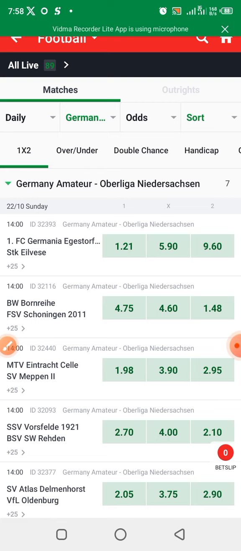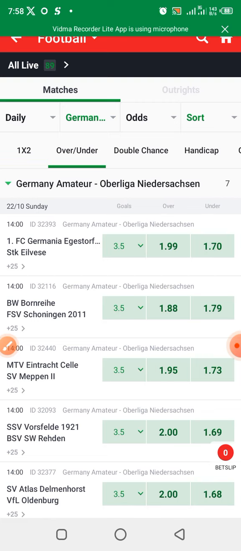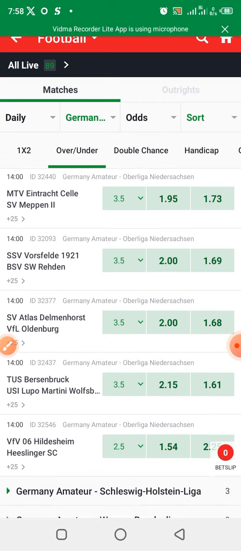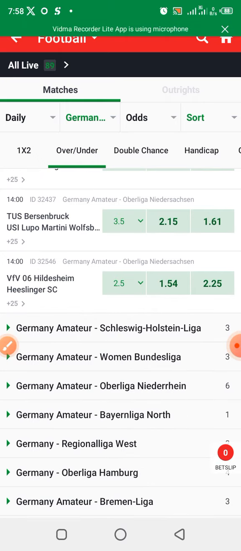The first thing I always look into is the odds suggestion by the bookmakers. In German amateur leagues, for some games the bookmakers already have an insight into the possibility of playing over 2.5 goals. So the odd suggestion they make for you will always be 3.